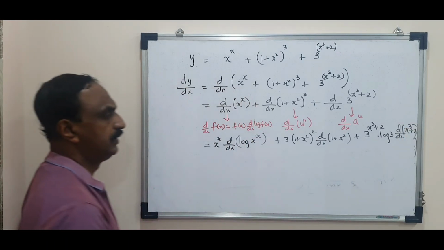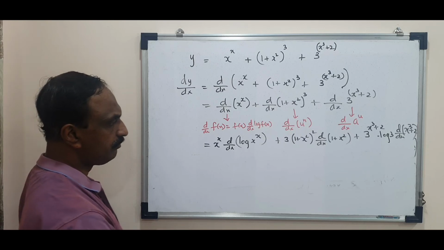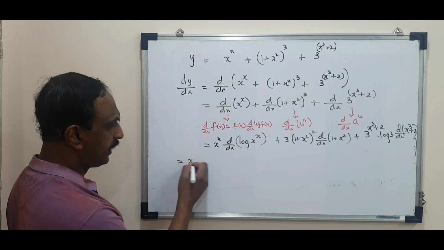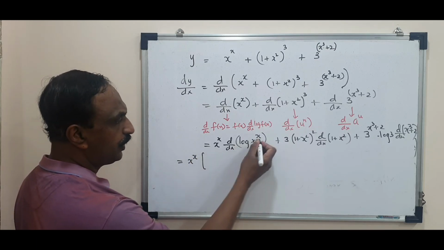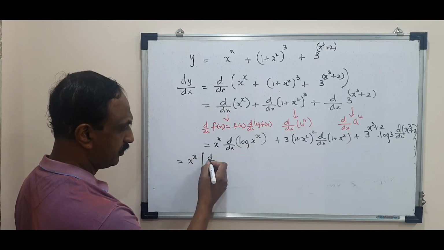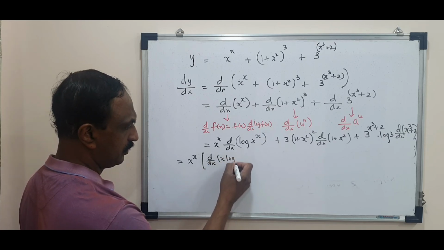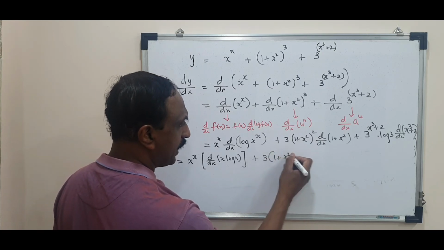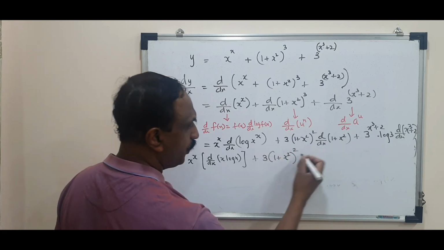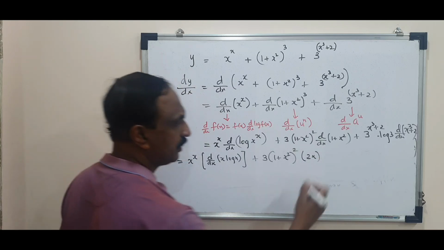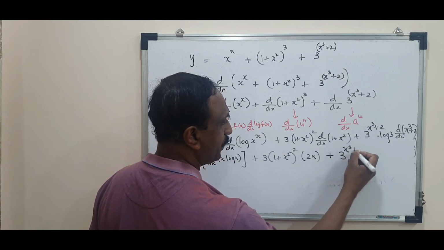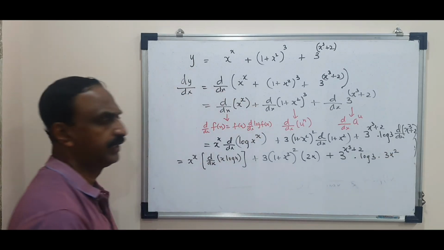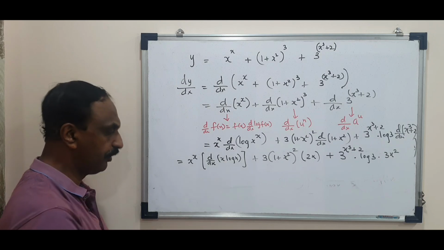Now I'll write this as x raised to x into derivative of x log x, plus 3 into 1 plus x square the whole square into derivative of 1 plus x square, plus 3 raised to x cube plus 2 into log 3 into 3x square. So my derivative is over, only this I have to differentiate.